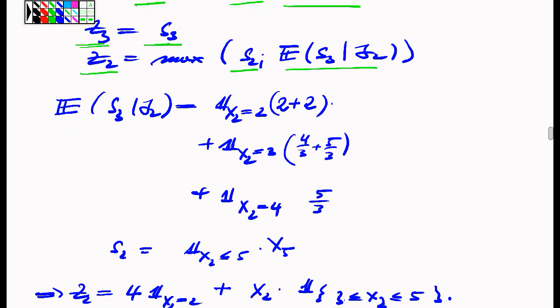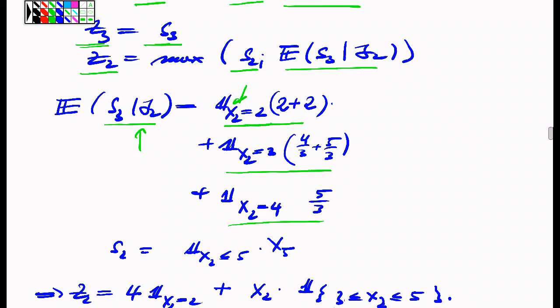Now, by this constraint about the total sum being no bigger than 5, you can compute the possible conditional expected value of S3 given F2, which means that you have seen the first two numbers, so you know what x2 is, and depending on x2, you can compute the conditional expectation of S3.